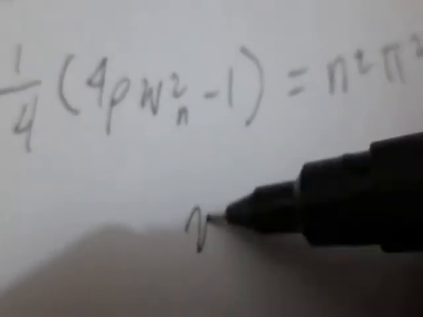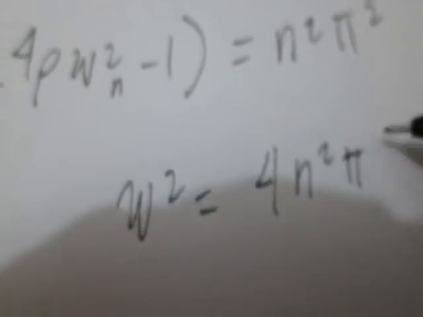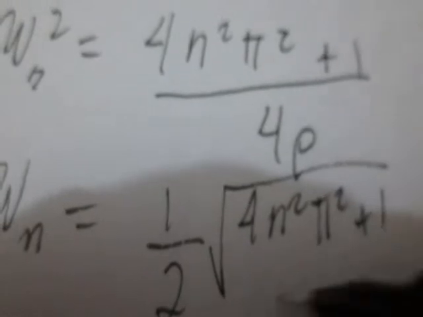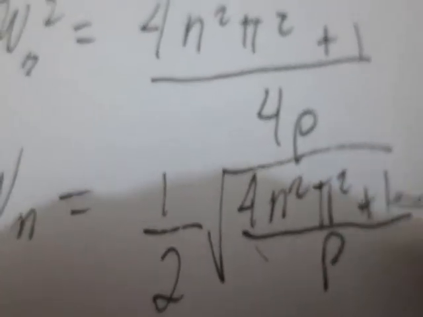Then squaring both sides, we get, then simplifying this further, we have, so getting the critical angular speed, we get 1 half times the square root of 4n squared pi squared plus 1, over the linear density.